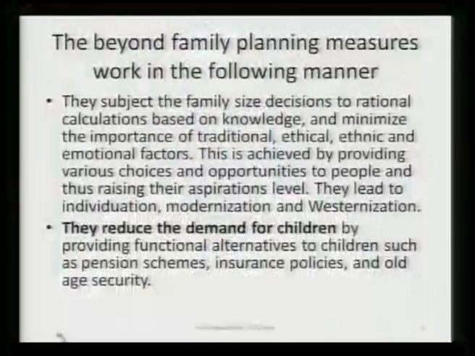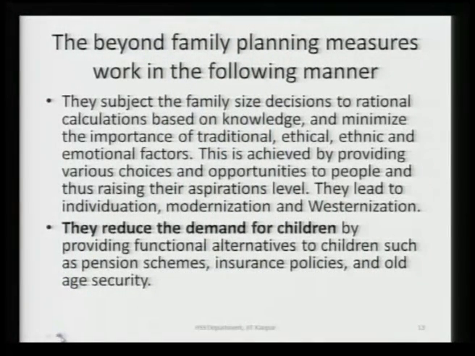Beyond family planning measures, they subject family decisions to rational calculations based on knowledge and minimize the importance of traditional, ethnic and emotional factors. This is achieved by providing various choices and opportunities to people and thus raising their aspiration level, making them modern.